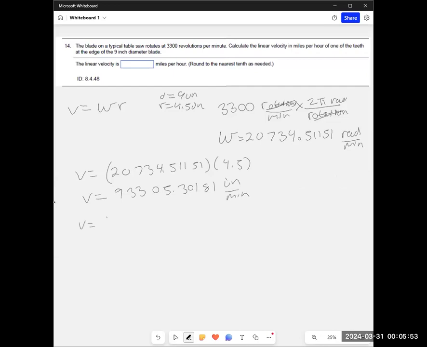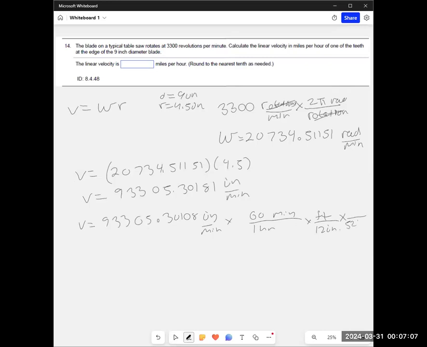So V equals 93305.30181 inches per minute. We're going to change minutes to hours, and we're going to change inches to feet, and we're going to change feet to miles.